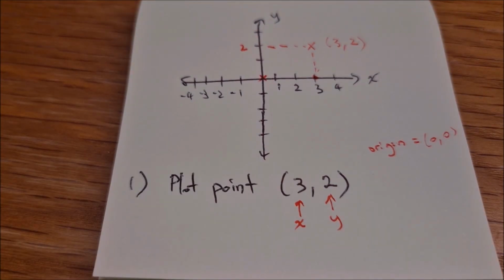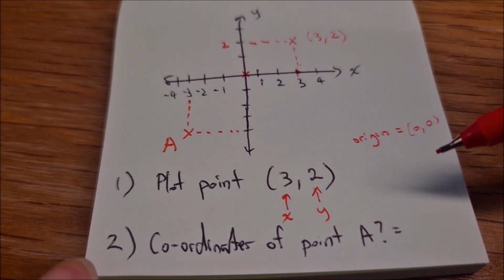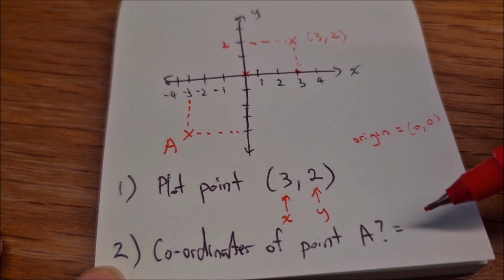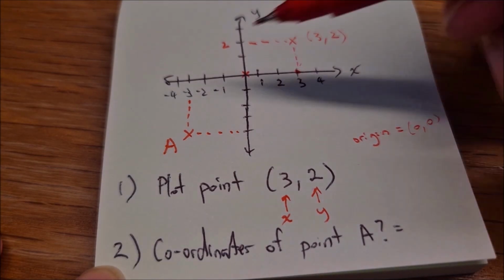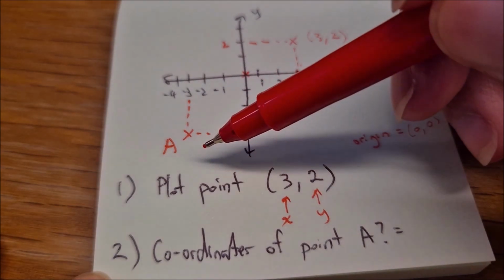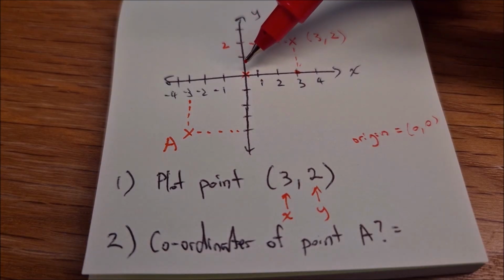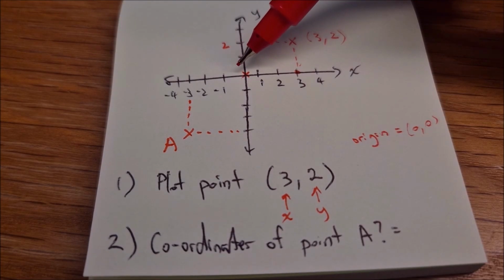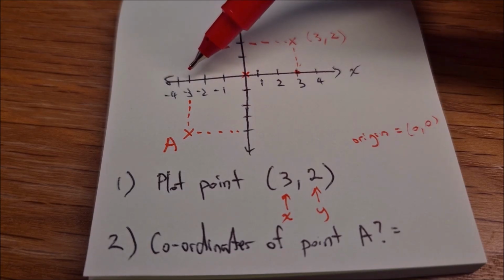And now let's do the opposite of that. Say we wanted to find the coordinates of point A. So point A is here, and along the x-axis, it's -3.